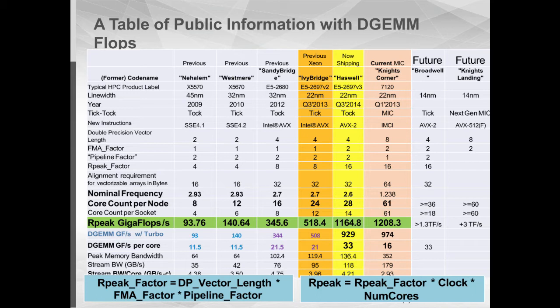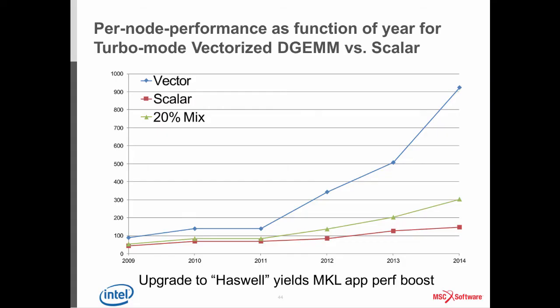And so on the next slide, I just plot out the basic idea here, which is that if everything is vectorized, the blue line shows the increase in performance from year to year, from 2009 to 2014. Now, if your code is not vectorized, then it would follow the red line.